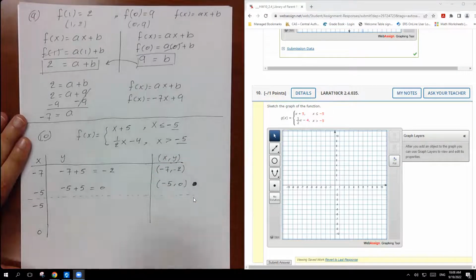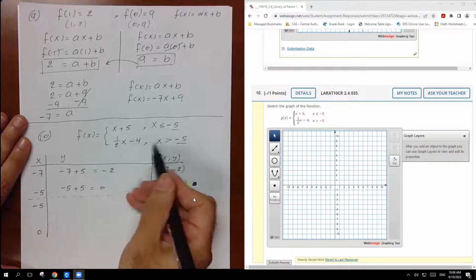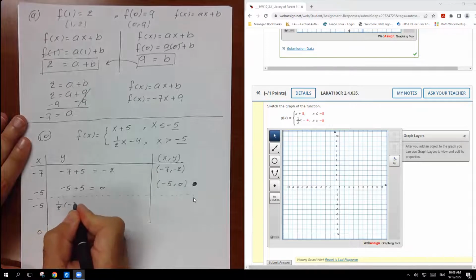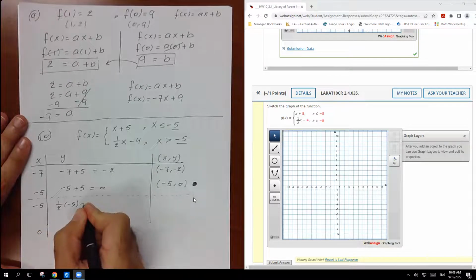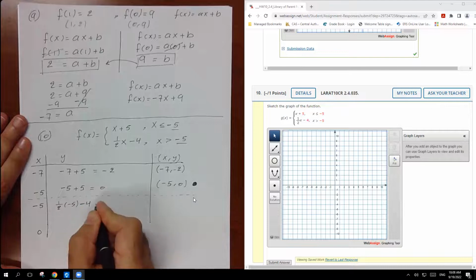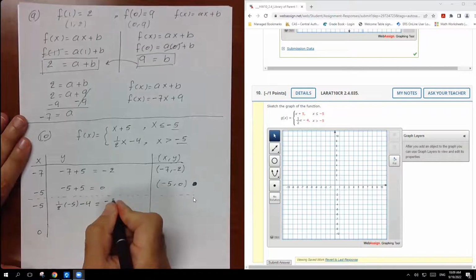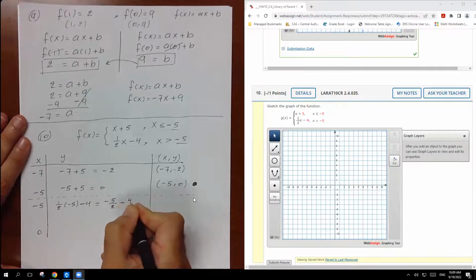I'm going to the second one. I'm going to plug in -5 on the second piece. So it's going to be half times -5 minus 4. Half times -5 is -5 over 2, minus 4.